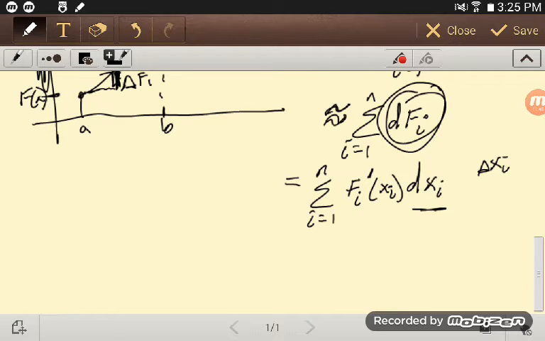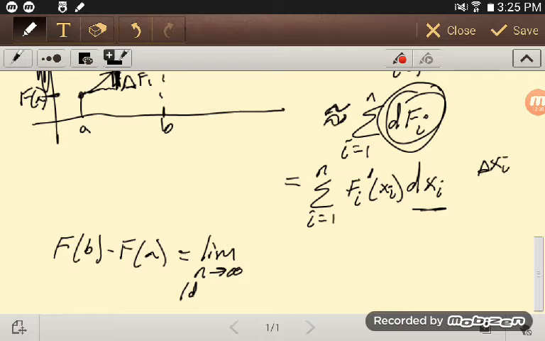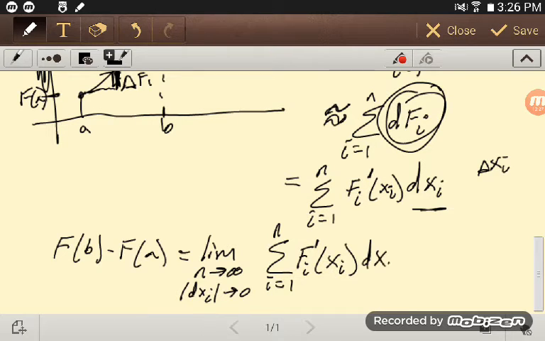And so we can write F at b minus F at a is equal to the limit. And again, we can either say n goes to infinity, or we could say the magnitude of the dxi goes to 0, of our sum, i equals 1 to n, of F prime at xi times dxi.